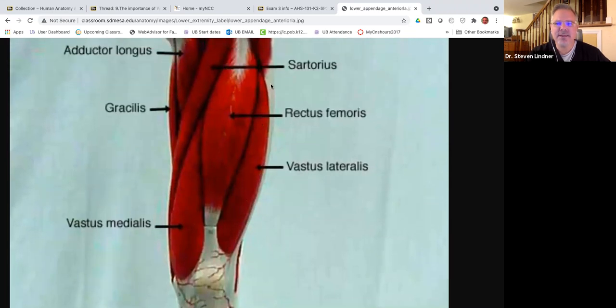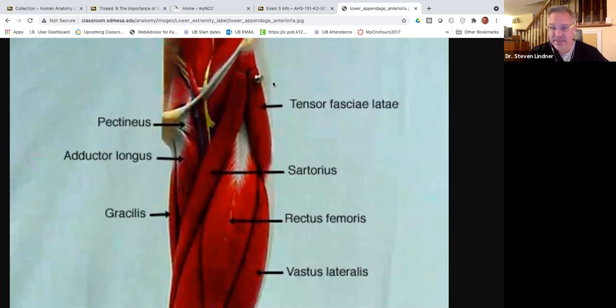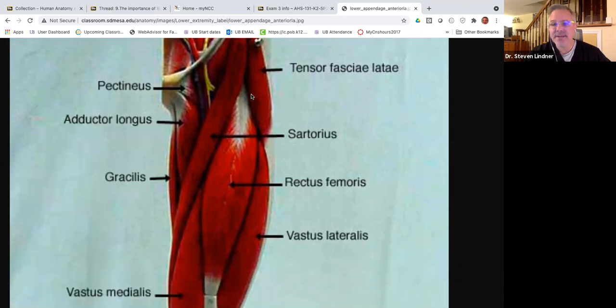So it's called the iliotibial band, aka iliotibial tract. So the TFL, the tensor fascia latae, originates from the ASIS and inserts on the iliotibial band or iliotibial tract.